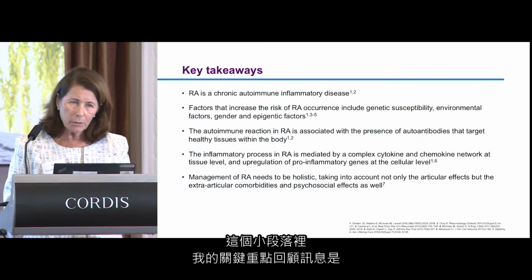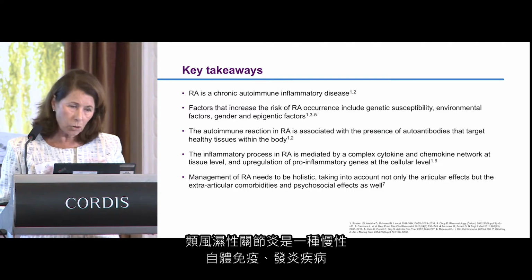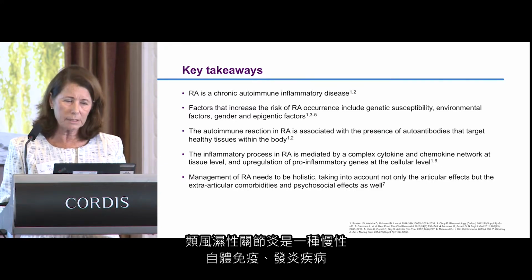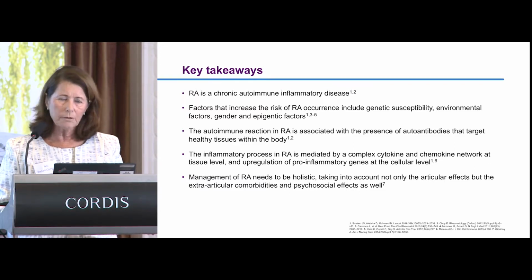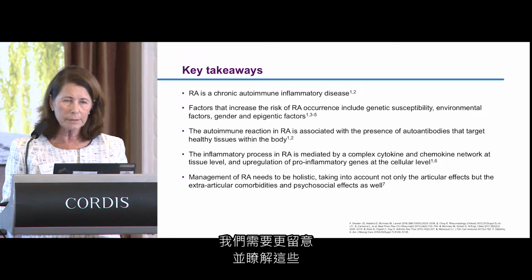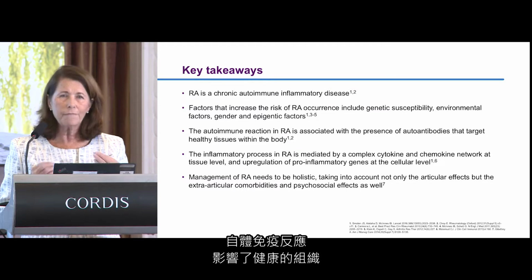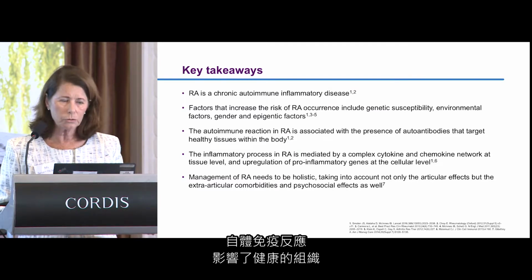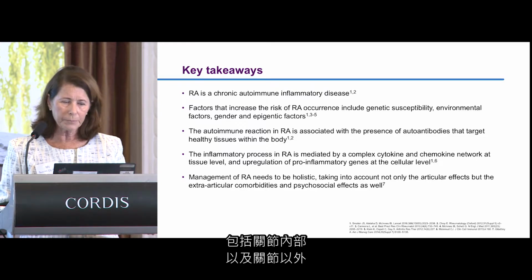So my key takeaway messages from this little section are that RA is a chronic autoimmune inflammatory disease, and we have lots of risk factors for the occurrence of rheumatoid arthritis, as you know, and we need to be mindful and understand those, and that the autoimmune reaction affects the healthy tissues, both within the joint and extra-articular as well.